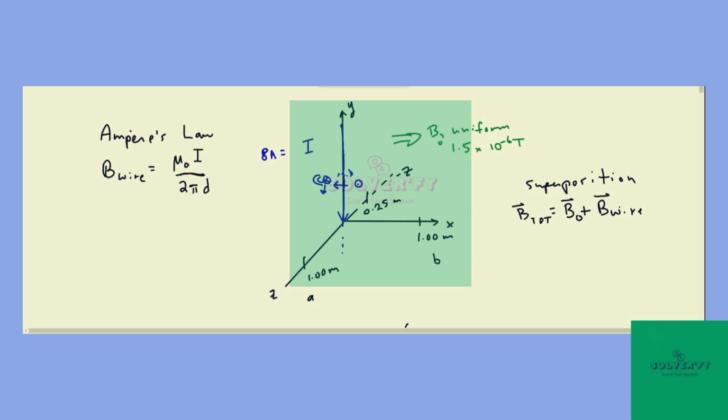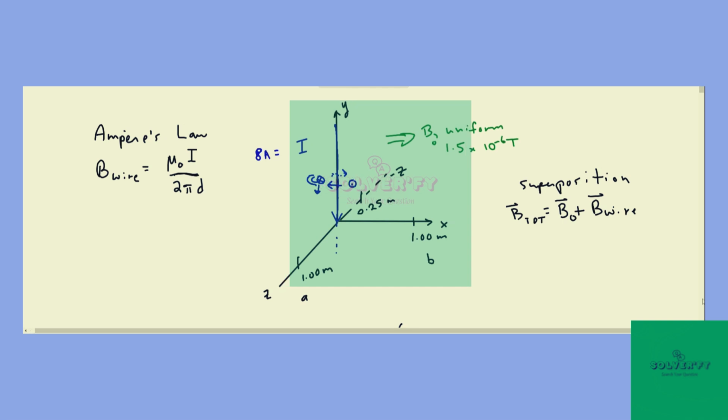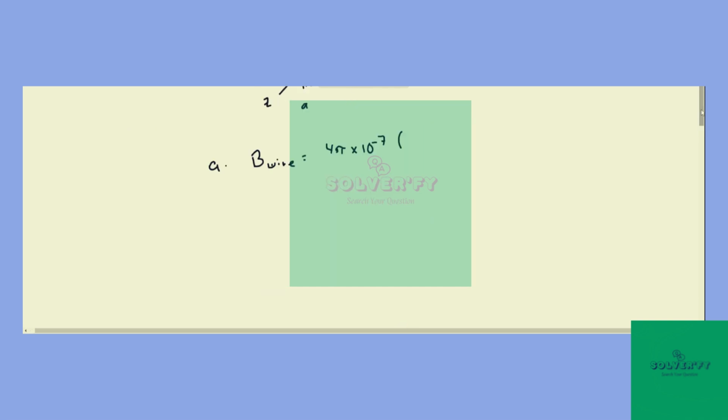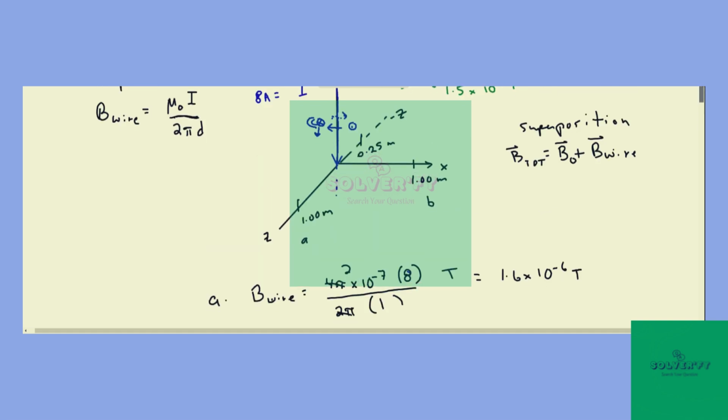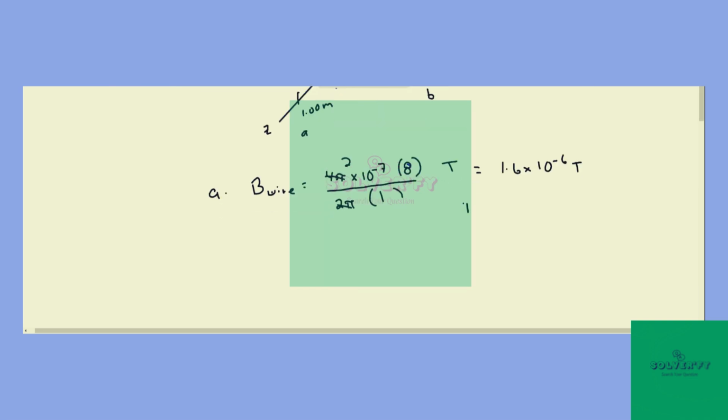Okay, so it's a substantial current. So we'll put in 8, and I'm going to be calculating in SI units, so I'll be a little bit sloppy with my units. And the distance is 1 meter. So using SI units should give me Teslas when I'm all done. And that works out to be 1.6 times 10 to the minus 6 Tesla. And to be careful, at point A the magnetic field direction is minus x.